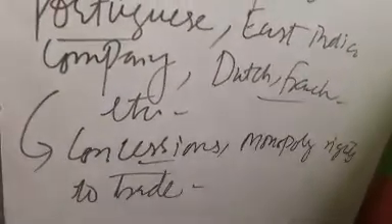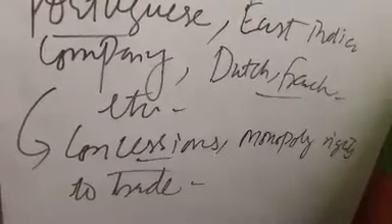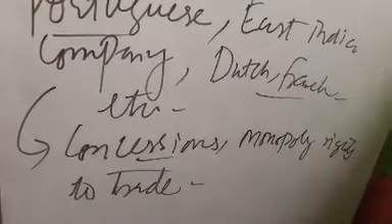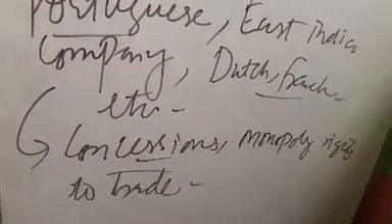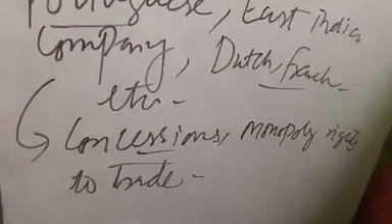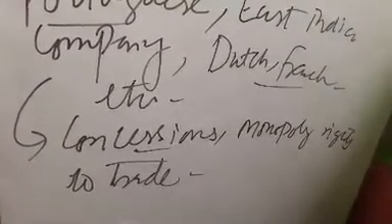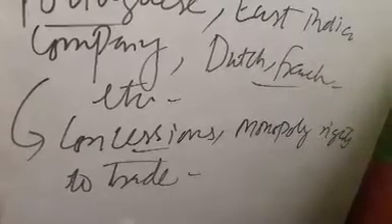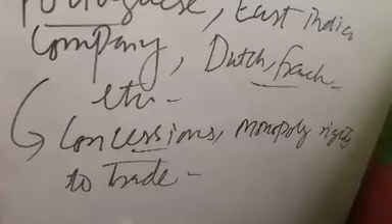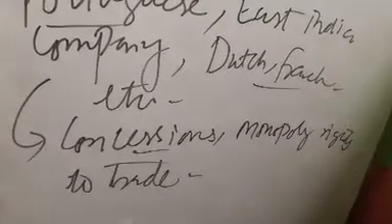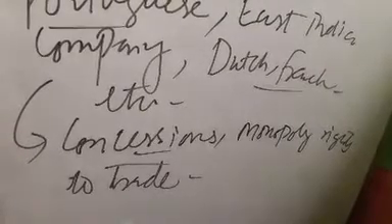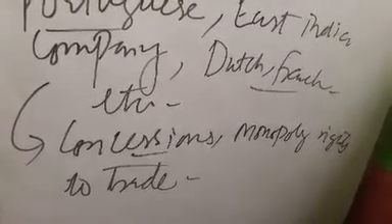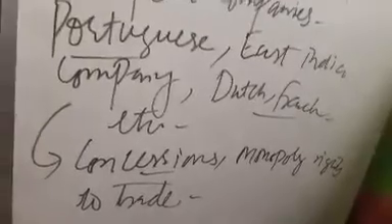And it was because of this misuse of dastaks that the Battle of Plassey was fought. The main cause was the misuse of dastaks, because dastaks were given to them as duty-free permits, and they misused these dastaks, which led to the loss of revenue to the Nawab of Bengal, Sirajuddaula, and resulted in the Battle of Plassey.